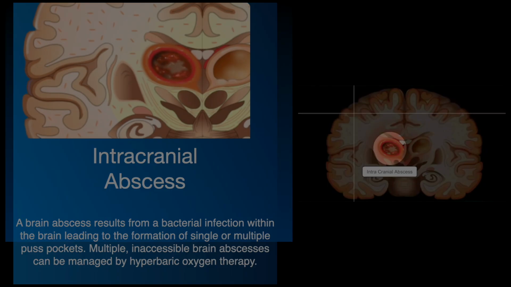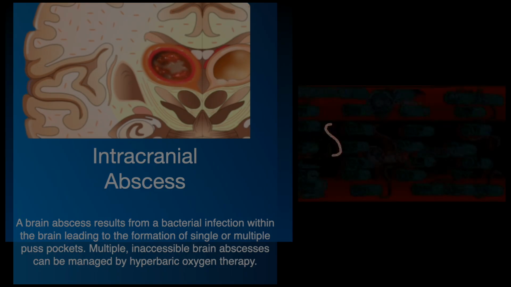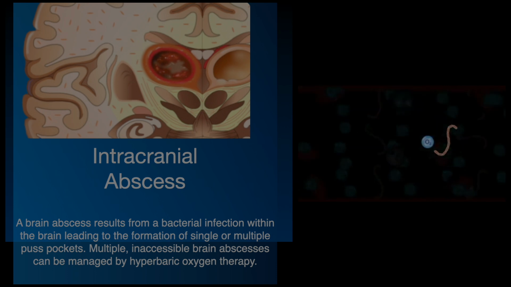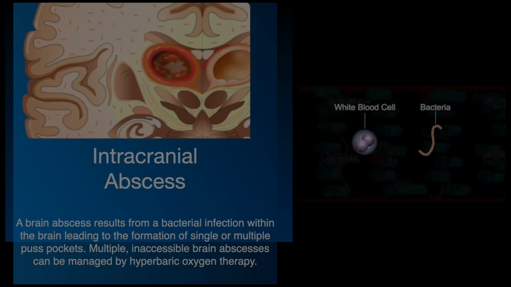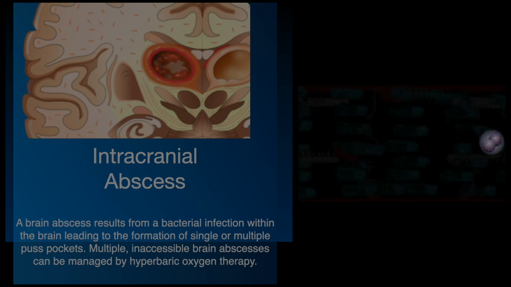A brain abscess results from a bacterial infection within the brain, leading to the formation of a single or multiple pus pockets. Multiple inaccessible brain abscesses can be managed by hyperbaric oxygen therapy.